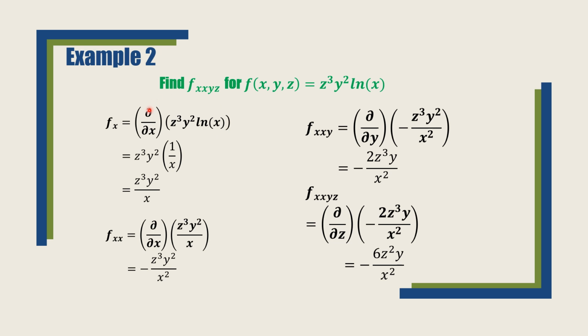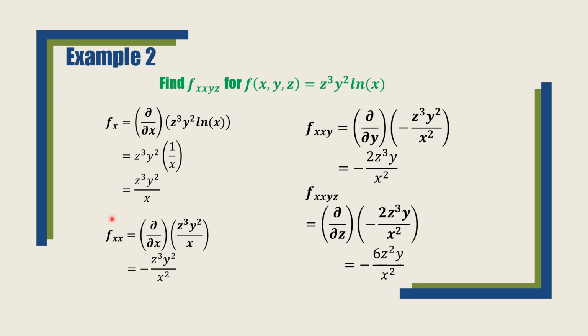In this given, we only have ln x. If we derive ln x, we come up with 1 over x. So we have now z cubed y squared times 1 over x. From simplifying, we get z cubed y squared over x.